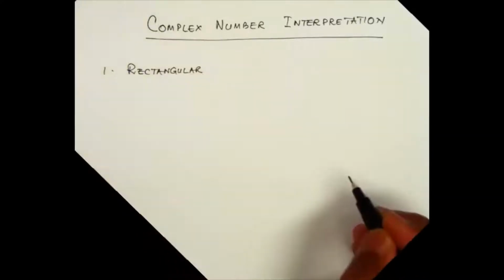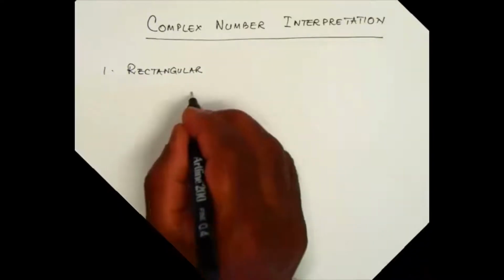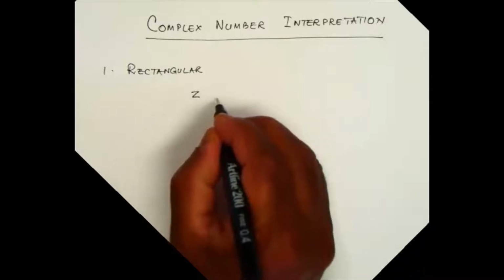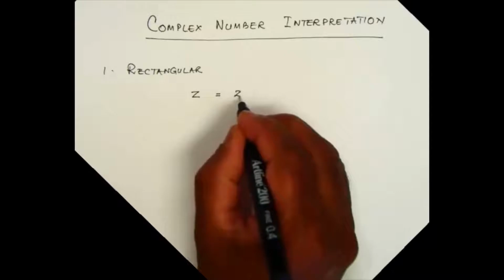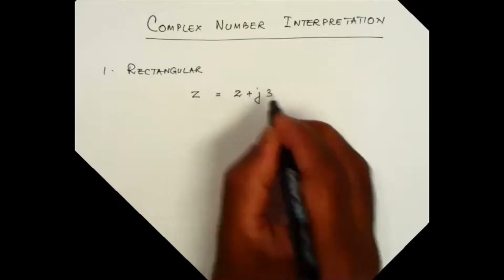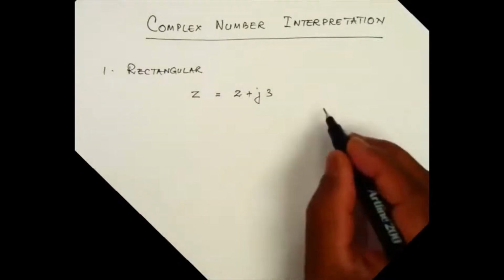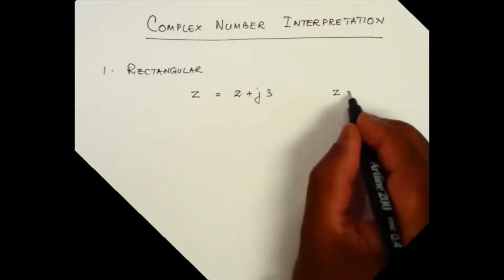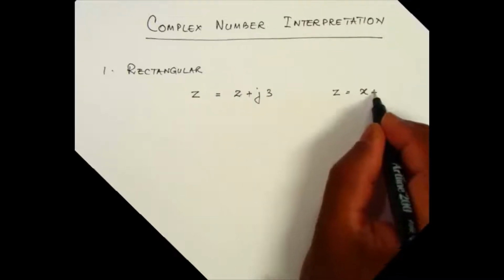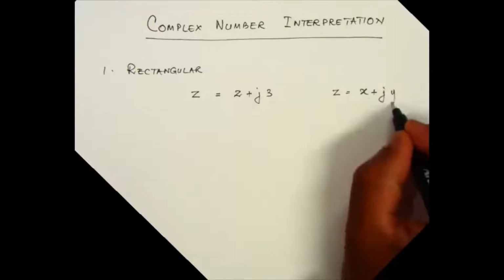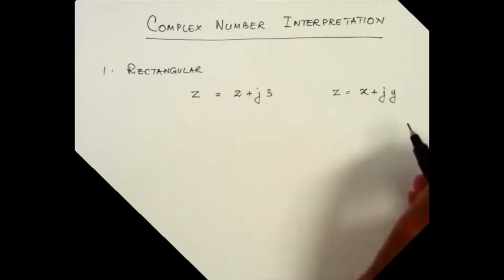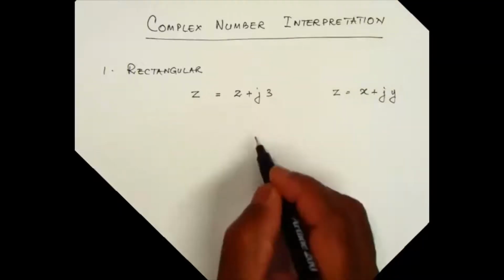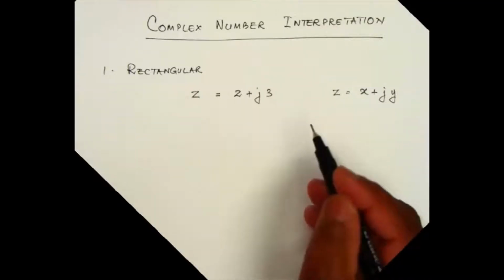Now, rectangular interpretation is what we have already done. That is, if we take a complex number which is equal to, shall we say, just 2 plus j3, or in the general form, say just z is equal to x plus jy, where the real part and the imaginary part, we call this the rectangular interpretation.